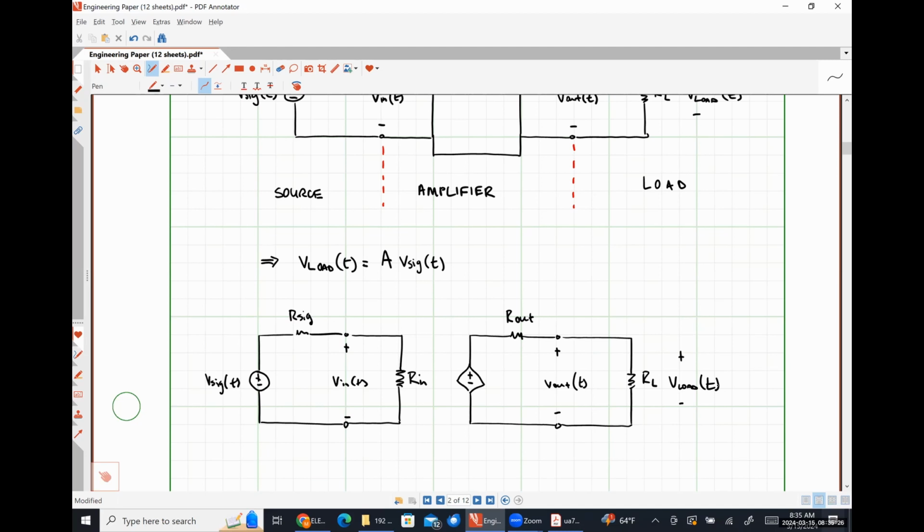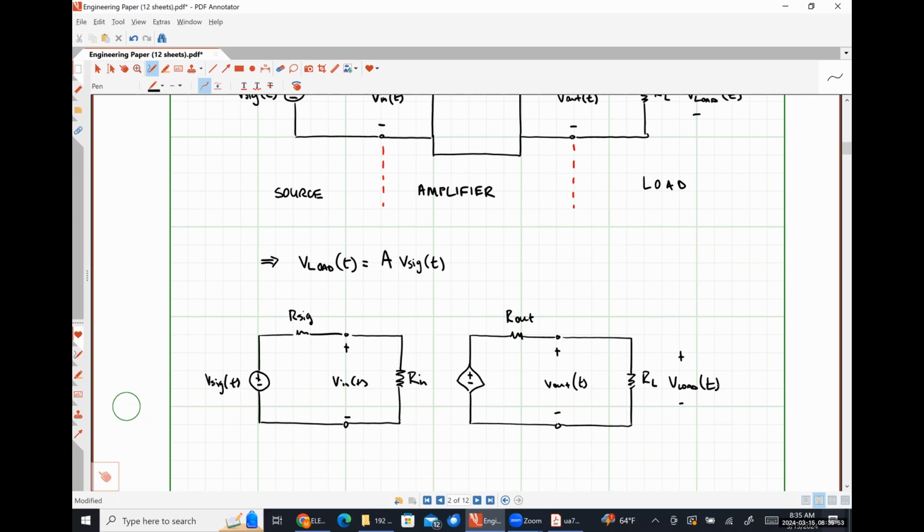So let's talk about this guy right here. We have a dependent source in this case for our Thevenin equivalent circuit, specifically because we know that we want the output voltage of the system to be a scaled version of the input voltage.